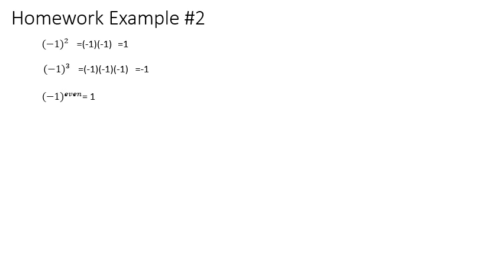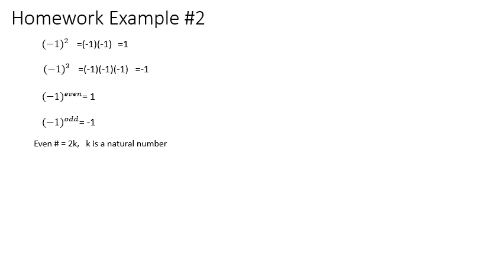So it turns out that if you raise negative 1 to any even power, 2, 4, 6, 8, 100, 1 million, 1 million and 2, it doesn't matter as long as it's even, the answer will always be 1. If you raise it to an odd number, 3, 5, 7, 103, it doesn't matter what that number is, if it is odd, you will get an answer of negative 1.